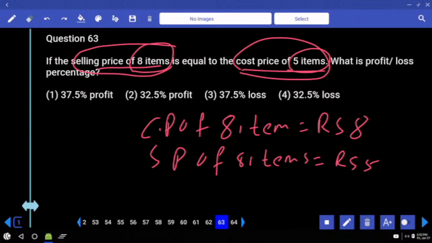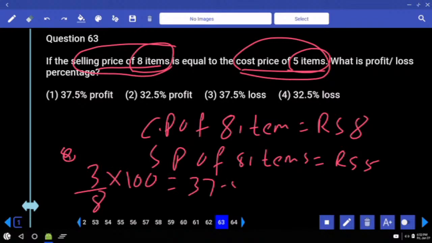So cost price of 8 items ₹8 is selling 8 items at ₹5. Is it profit or loss? Loss. That's it. So loss అంటే loss percent, అంటే loss by CP. Loss is how much? ₹3. And cost price is what? 8 into 100 equal to what? 37.5% loss.